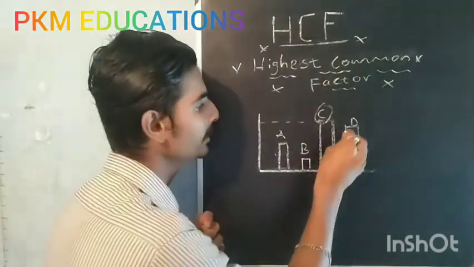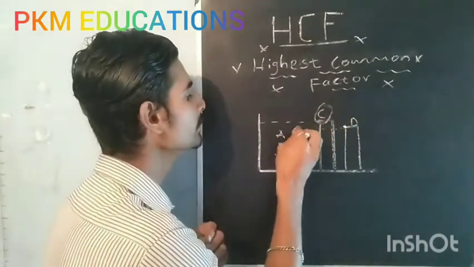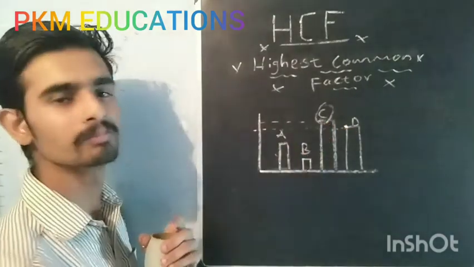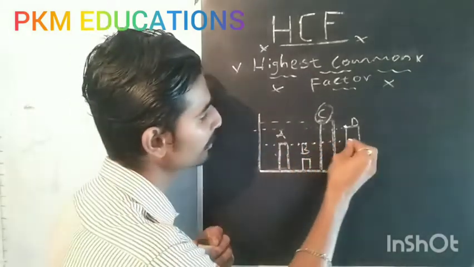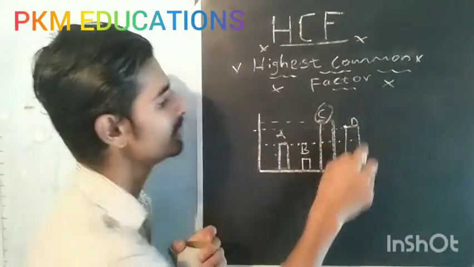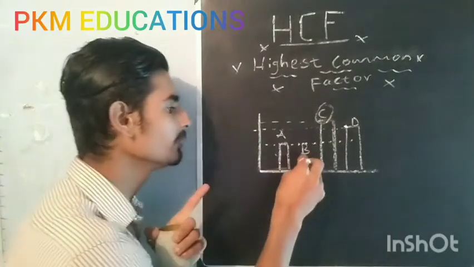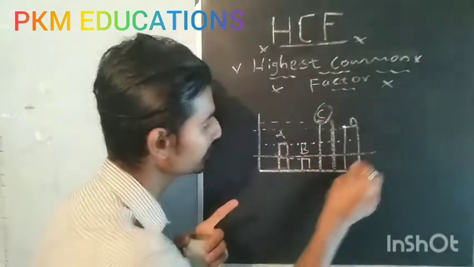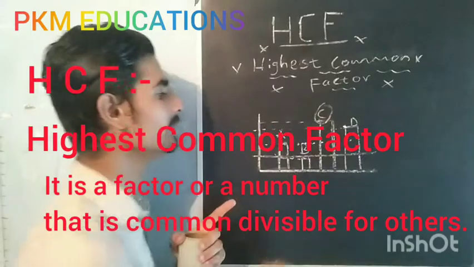Then we can take D. D's height is common for D and C. And we can take A. A's height is common for A, C, D. If we are taking B, B's height is common for R, A, C and D.